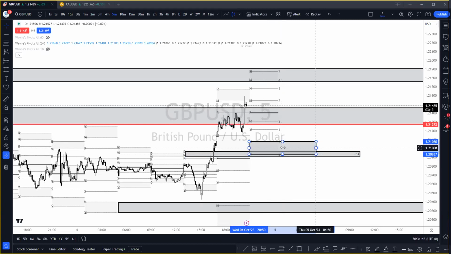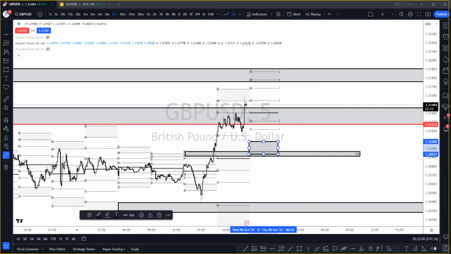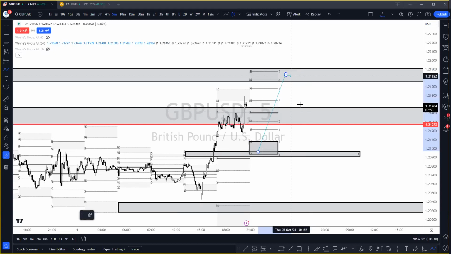Okay, so again, if you are taking a bet that prices are going to be sold off at this level, it has to come down to this level for you to buy and hit back to this level. Everything is based off probability. High probability buys will be here, targeting this level here.